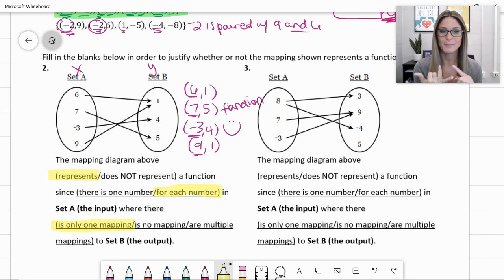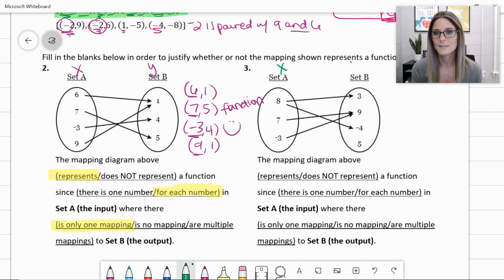So let's check it again. The mapping diagram represents a function since for each number in the input, there is only one mapping to the output. Each x was paired with only one y. Let's look at number 3.